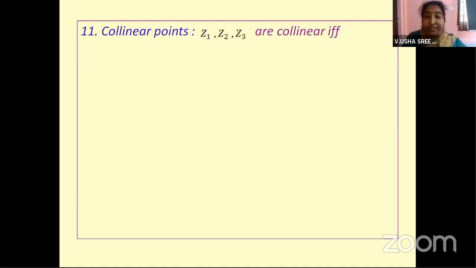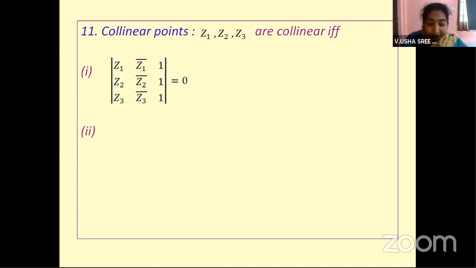Now, in complex numbers, if you are given three complex numbers Z1, Z2, and Z3, you can say they are collinear if and only if certain conditions hold. The condition says we are taking the determinant with Z1, Z1 bar and 1 in the first row, Z2, Z2 bar, 1, Z3, Z3 bar, 1. If you take this matrix and take the determinant and it is equal to 0, you can say the given three complex numbers are collinear.